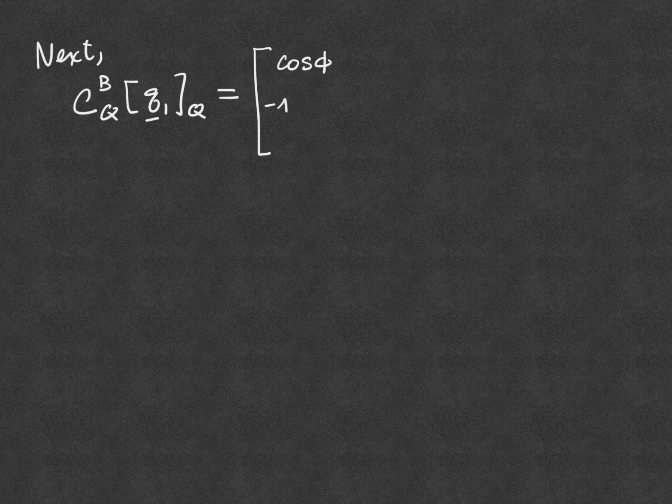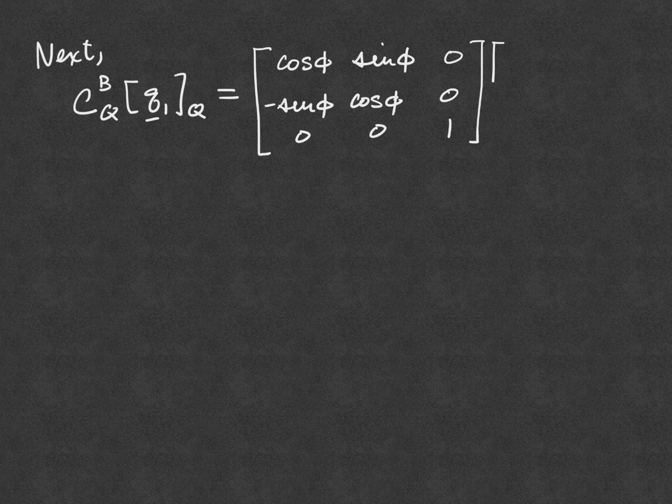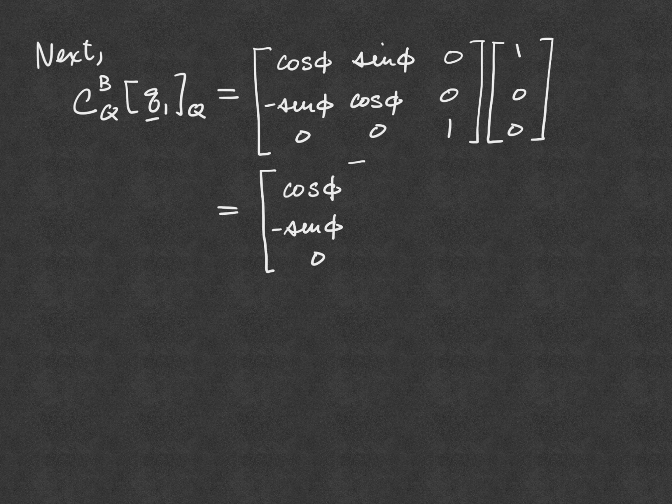So next, C_QB times Q1 expressed in Q is equal to the matrix cosine of phi, minus the sine of phi, 0, sine of phi, cosine of phi, 0, 0, 0, 1, multiplied by 1, 0, 0, which is equal to, well, we get cosine of phi, minus the sine of phi, and 0.